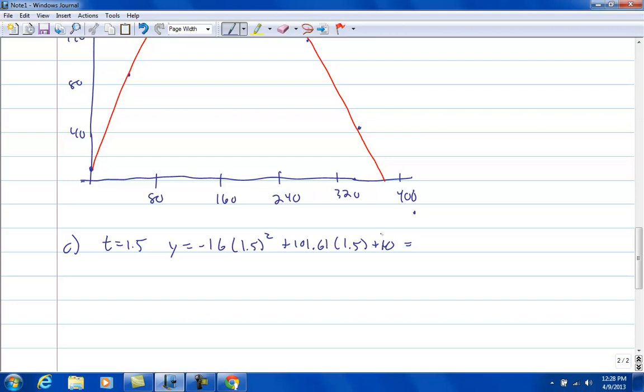I get 126.415, so 126.42 feet. That's the height at that point.